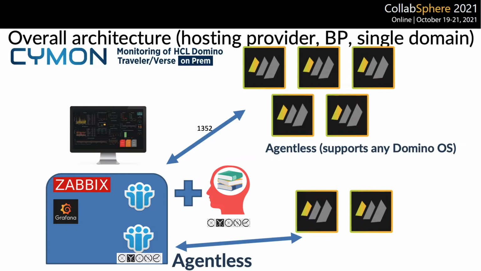Somewhere there is a Linux machine with open source components like Zabbix and Grafana, and there is a component called LD Sensor. It's a micro Notes client written with the C API, and this monitoring component knows how to talk with Domino.